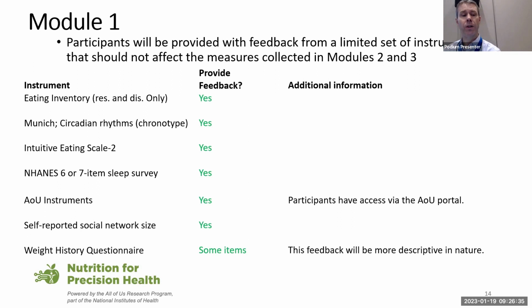As you can see here, they'll receive feedback on their eating inventory scores, the Munich circadian rhythm instrument, intuitive eating, and the sleep survey. The All of Us instruments, our understanding is that they can obtain that information themselves, so we won't necessarily provide that to them. They'll get information on their self-reported social network size and possibly the weight history questionnaire, if we can figure out how to do so easily enough. That information will be kind of static for us to provide to the participants when they finish up Module 1.